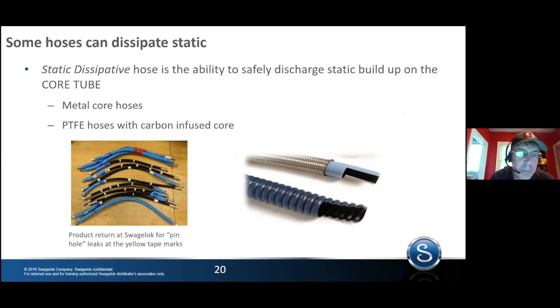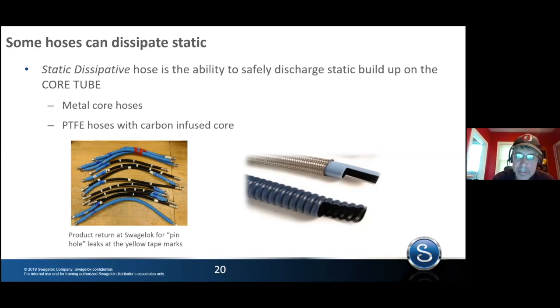So we always want to understand whether or not static dissipation is required in a hose. First of all, the best way to fix it is to use a metal hose, because a metal core hose will dissipate static instantly. It's going to flow the static charge right through the metal core very, very quickly.